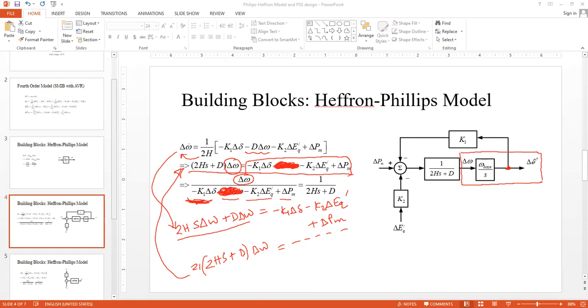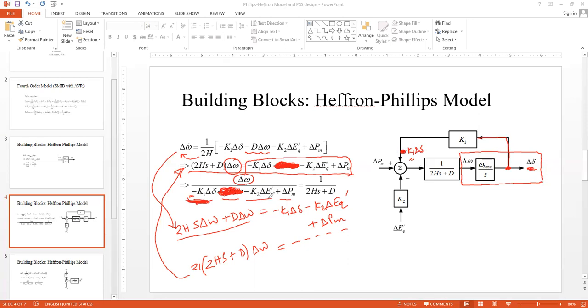Now, this del delta is required because you have to form minus k1 del delta. So del delta is fed back with the gain k1, with a minus sign, at the summing junction.